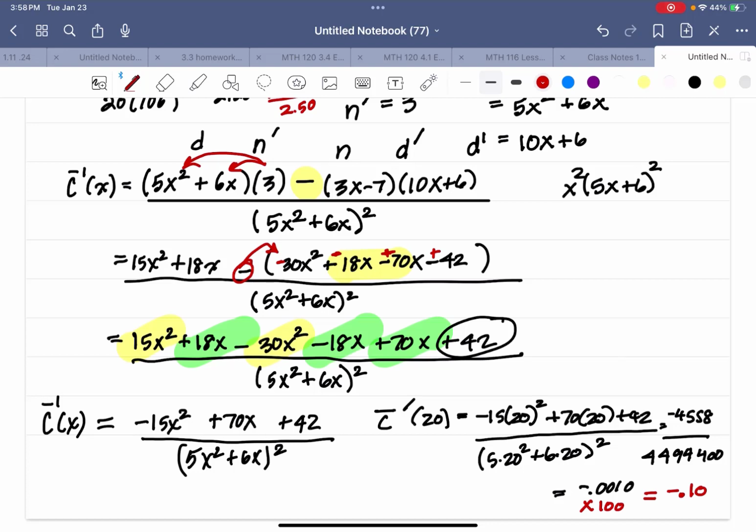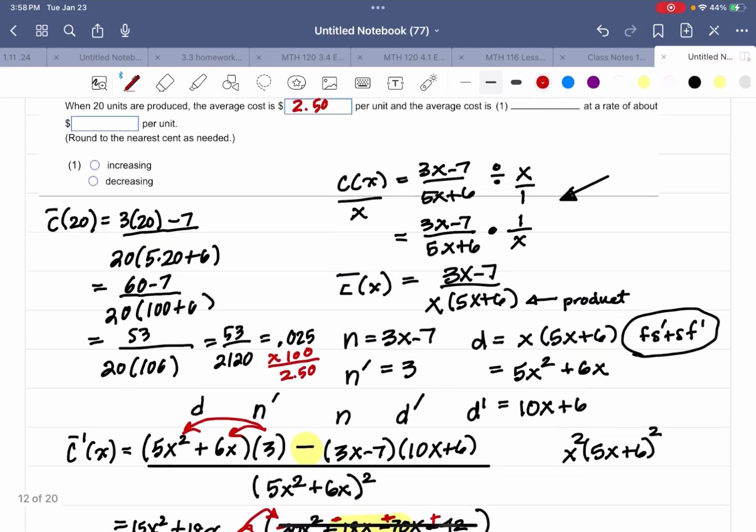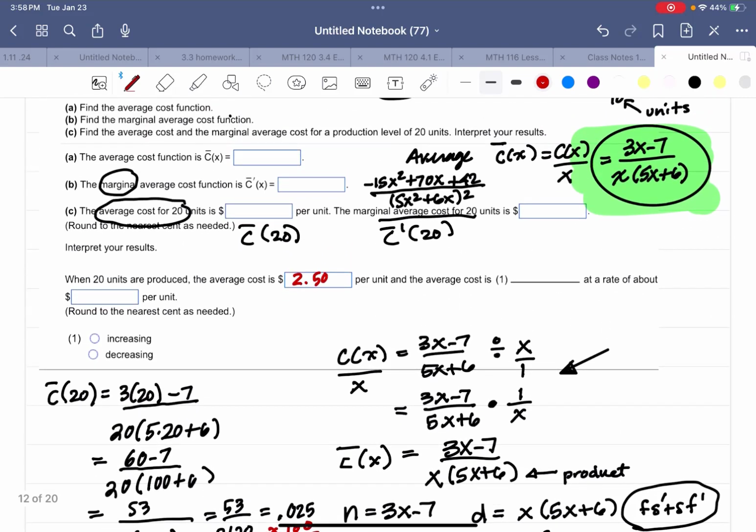So that's losing 10 cents. Right? So up here, we're going to lose 0.10, or 10 cents, per unit. Now, I say losing, but look, this is the cost, so our cost is going down.